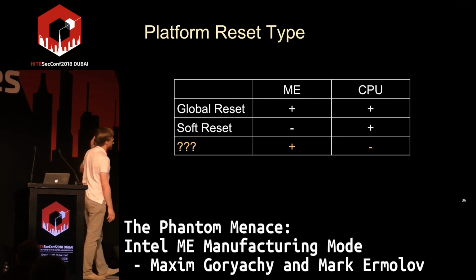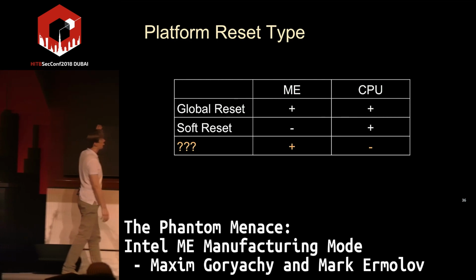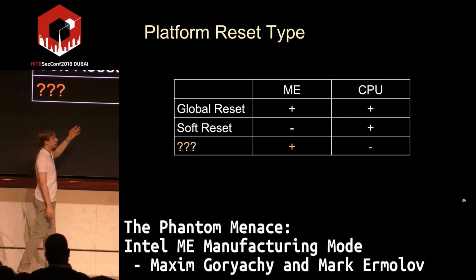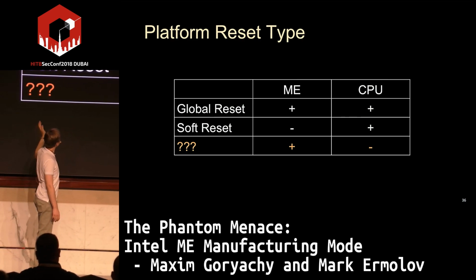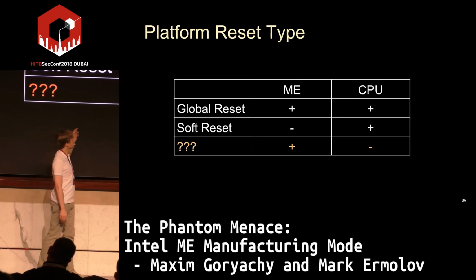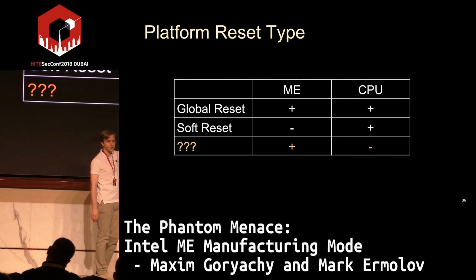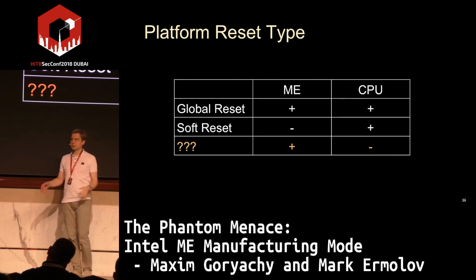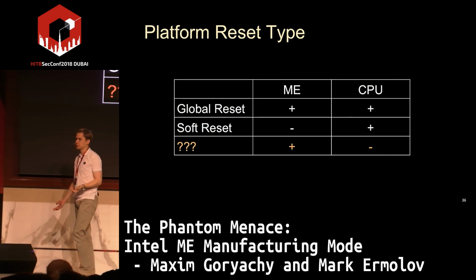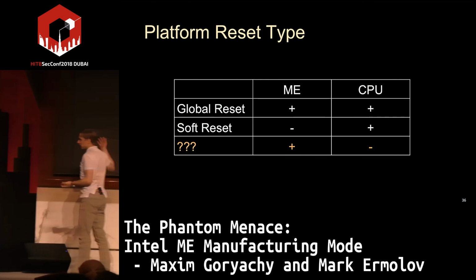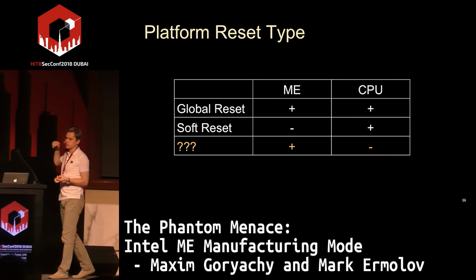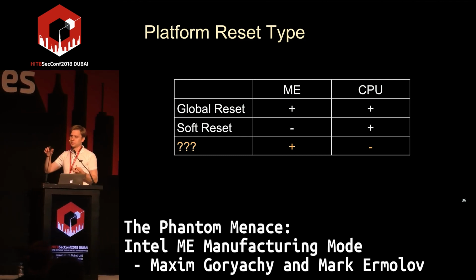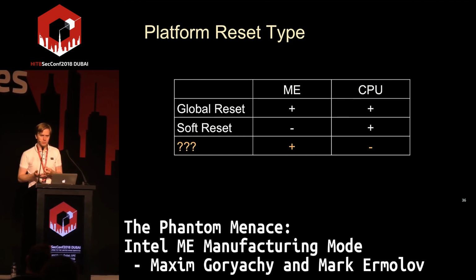You have a global reset when ME and CPU are starting, and we have a soft reset when only the CPU is starting, not ME. But the obvious question is, is there an ME reset without the CPU?